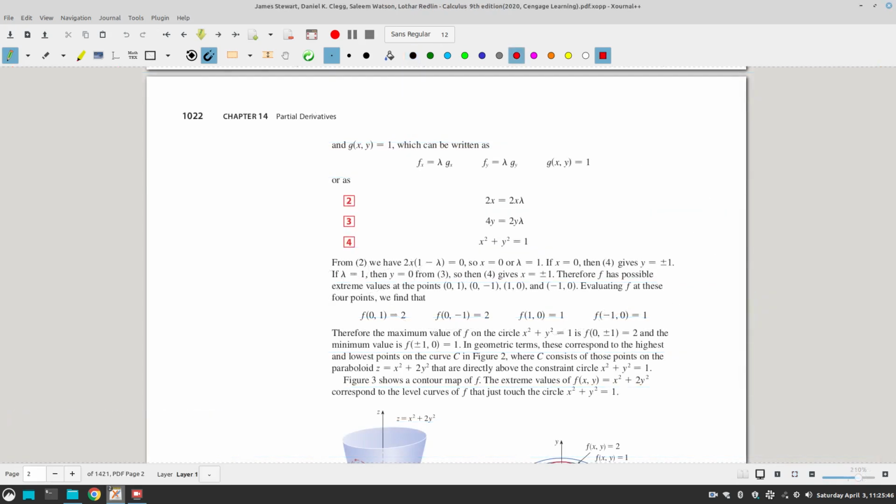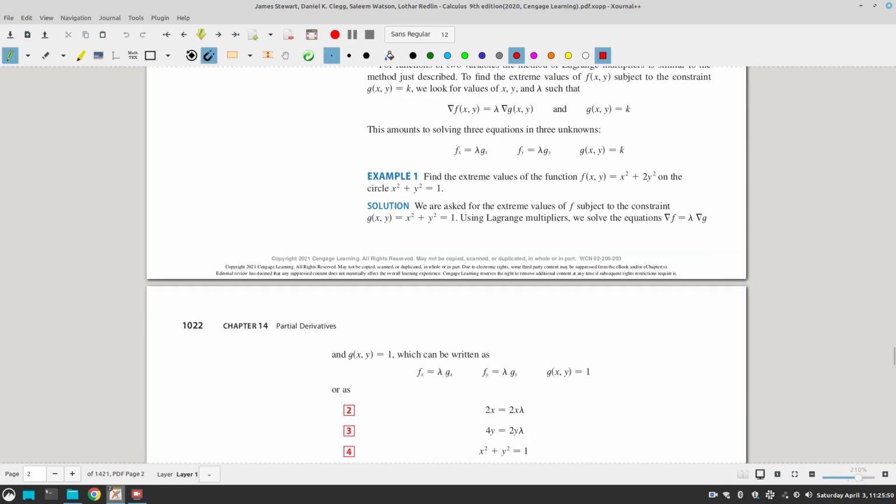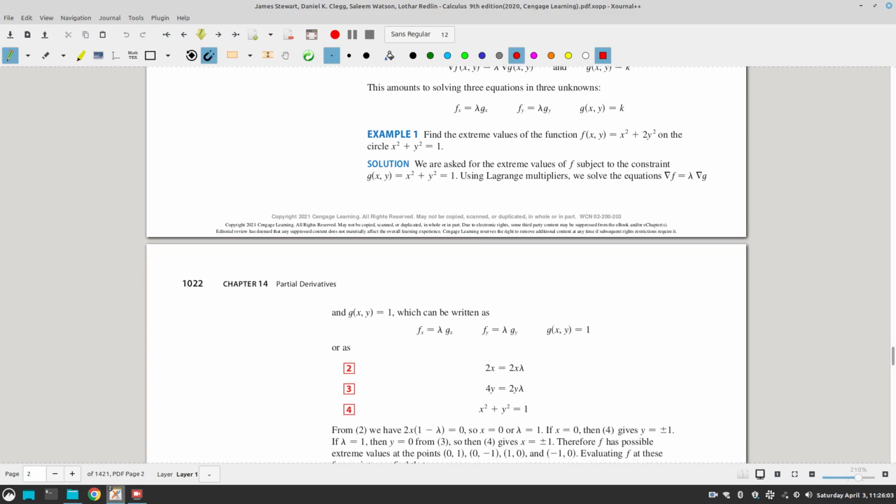The first example tells you to find extreme values of the function f of x, y equals x squared plus 2y squared on the circle x squared plus y squared equals 1. So we're given a function of 2 variables, and we're given a constraint. Our g of x, y equals x squared plus y squared, with the constraint equal to 1.